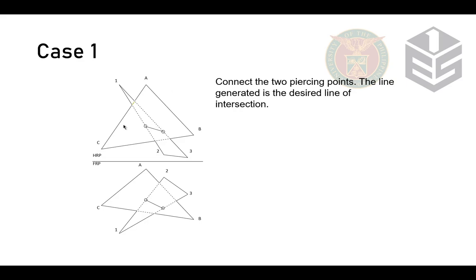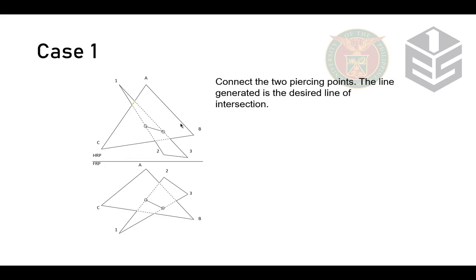And luckily, in our example here, the first 2 lines that we chose, line 1, 2 and line 1, 3, do have piercing points onto plane ABC. But for example, if we chose 1, 3 and we determined that it does not have a piercing point, then we'll have to choose the other lines here. No?